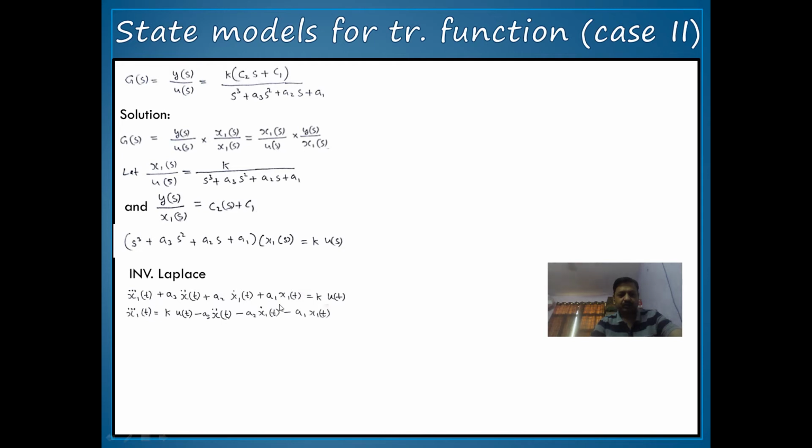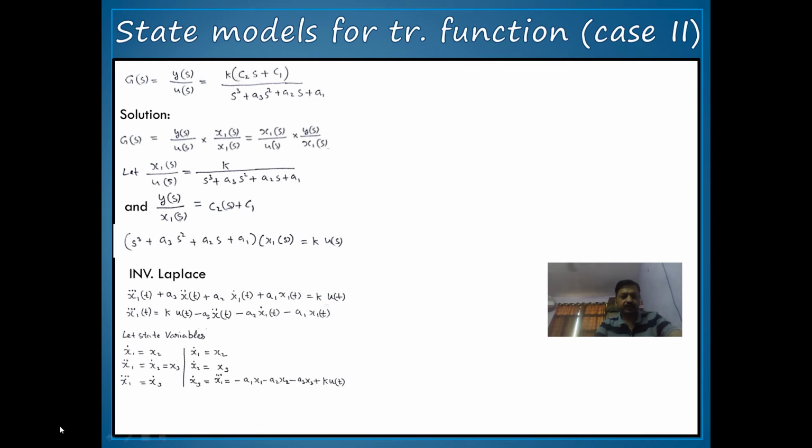In this equation, if we take the highest order differential of X1 on the left hand side, and all the remaining elements on the right hand side, then this equation will become like this: X1 triple dot of t is equal to k u(t) minus this. So this is the particular method of solving this type of problem.